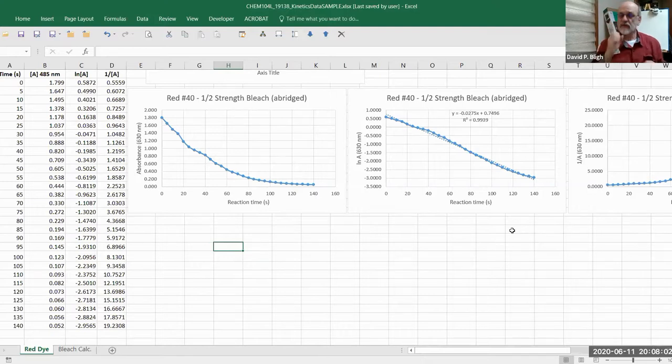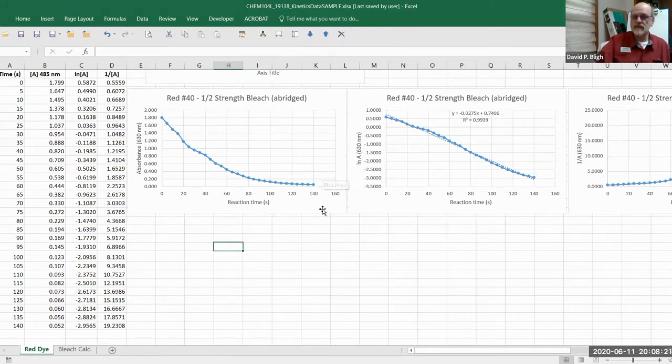All you have to do is create a similar spreadsheet with the data that's provided in Blackboard for you for the blue dye, and just parrot what I've done here, and you'll get the information you need to proceed to the next step.